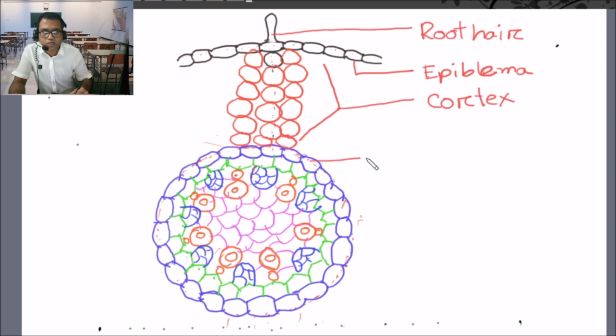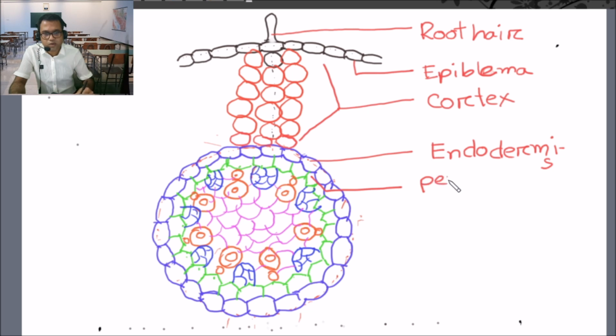This outer portion is known as endodermis. This single layer inside this endodermis is known as pericycle.